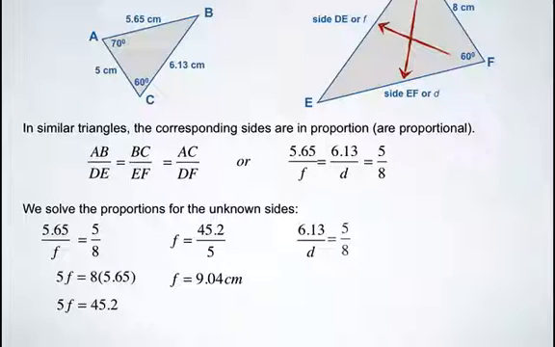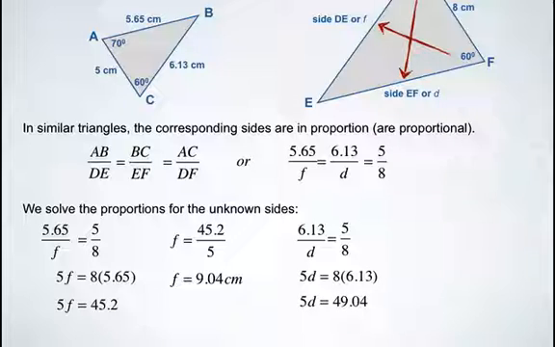For the second unknown, we can consider these two sections of the proportion. So we'll do 6.13 divided by d equal to 5/8, which is again the fixed ratio that we know in this proportion. We'll cross multiply again, giving you 5 times d is 5d, and the 6.13 times 8 illustrated here.